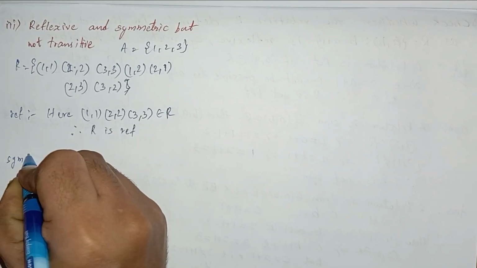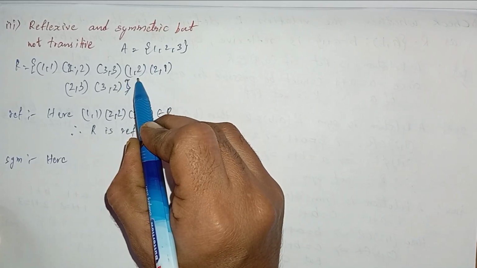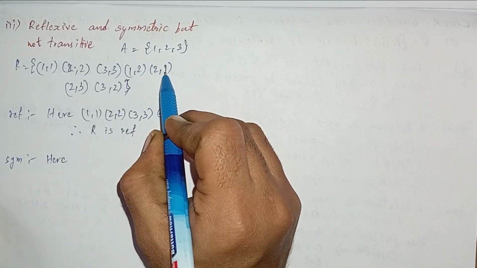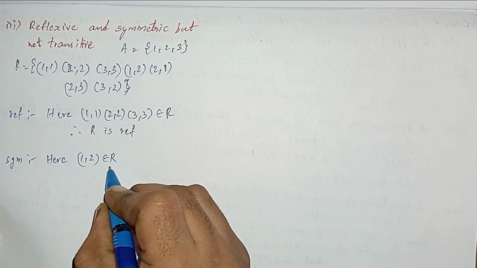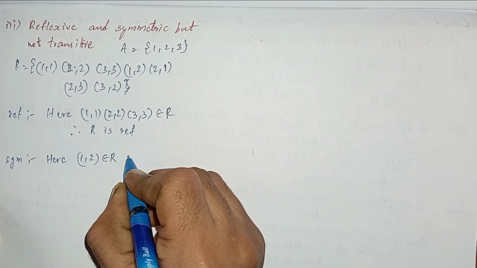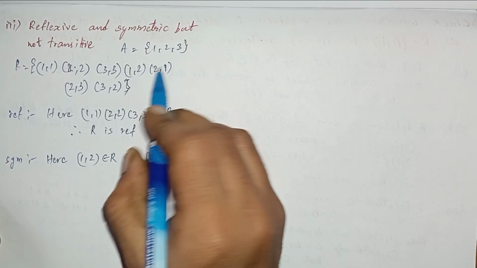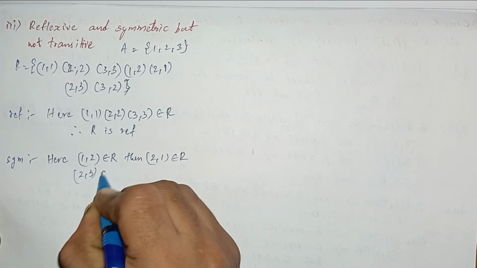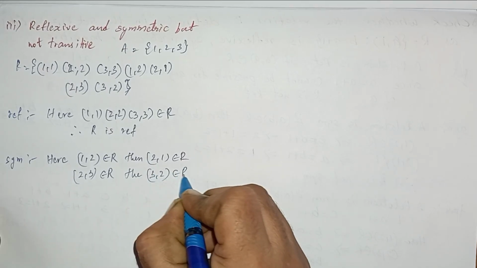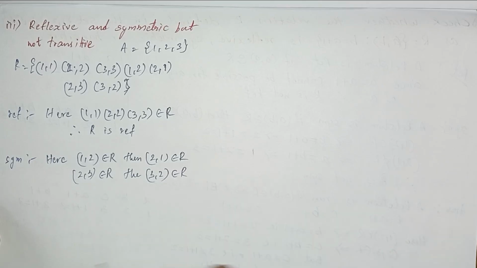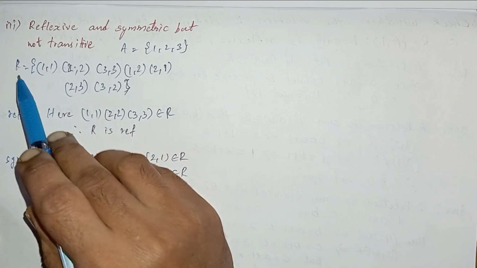Next is symmetric. Here we know (A,B) should be in the relation, and (B,A) also should be there. So if we have (1,2) in the relation R, then (2,1) also belongs to R. The same way, if (2,3) belongs to R, then (3,2) also belongs to R. And we have (1,1), which is the same thing.